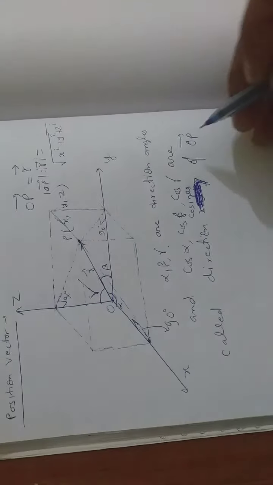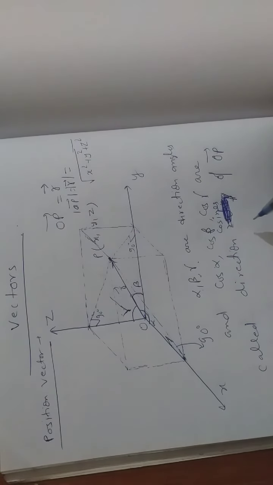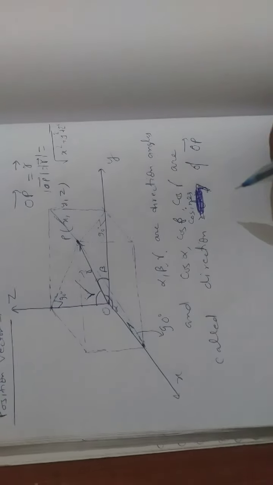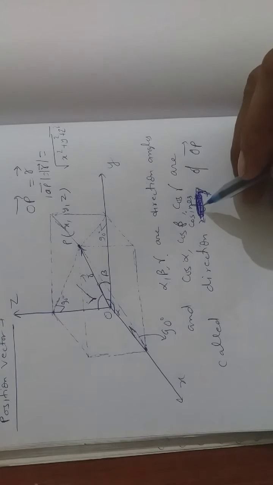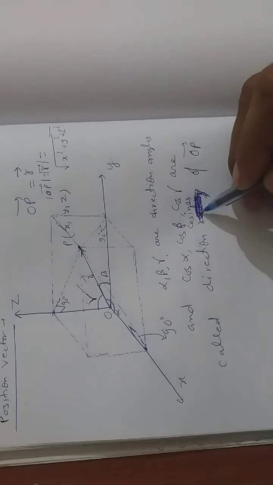Direction cosines are very important because they give us knowledge about the direction of the vector.